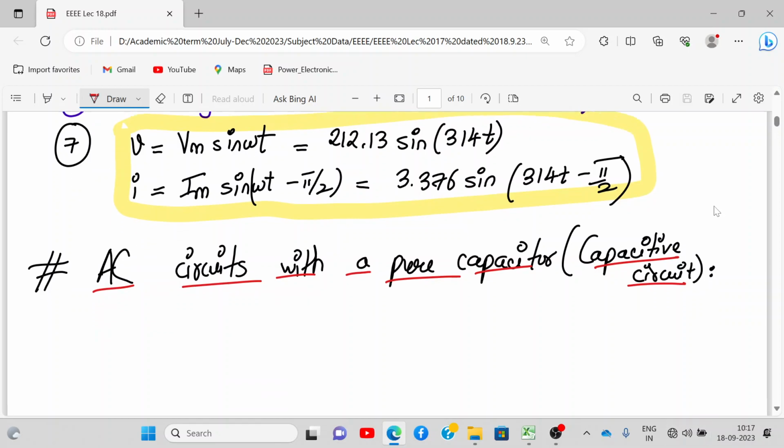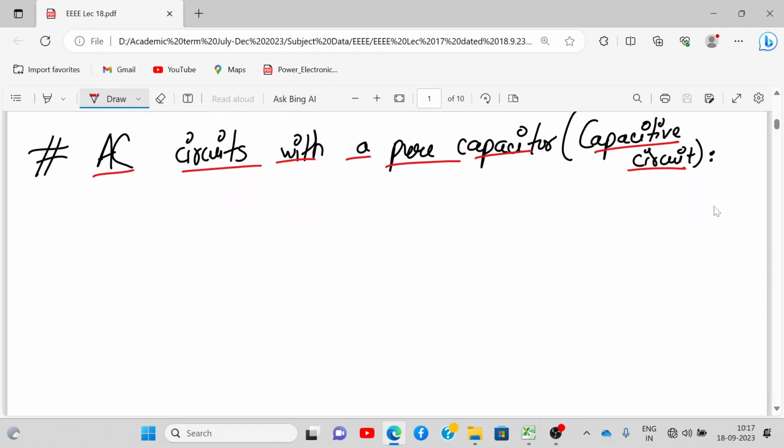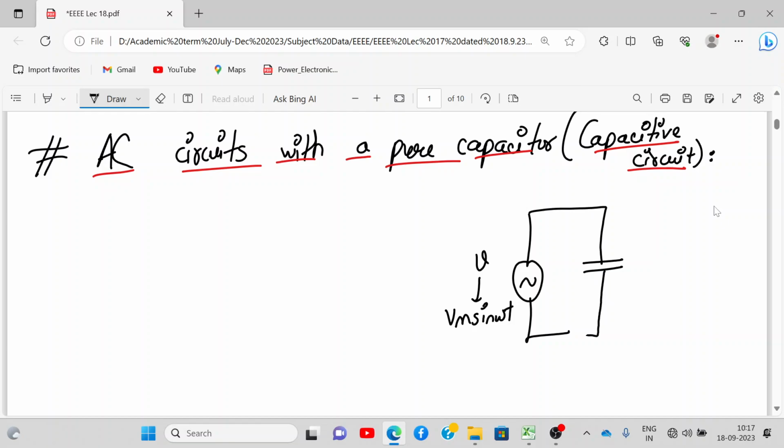Can we start now? Alright, so let's start. Consider a voltage V equal to Vm sin omega t applied across a capacitor. Now the capacitor symbol is like this, two parallel plates.